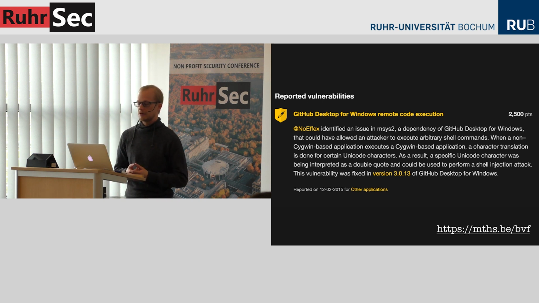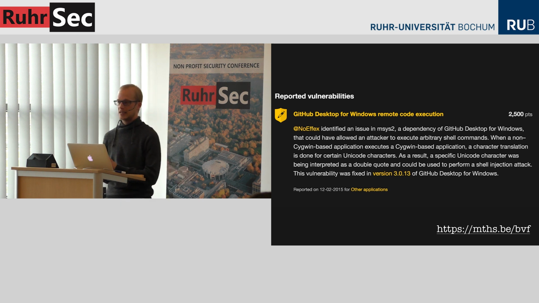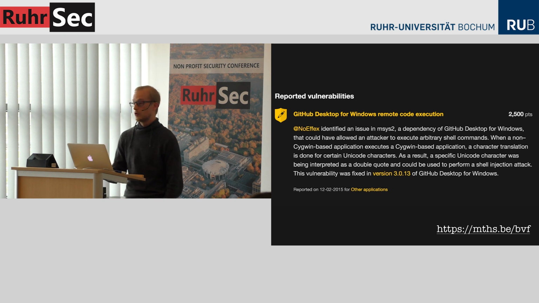And this particular attacker figured out a Unicode character that was being translated into a double quote character. And then he could use that double quote character to break out of some shell command and basically do a shell injection attack, leading to a full-blown remote code execution exploit on Windows through the GitHub desktop client. So again, this is another problem caused by Unicode normalization.